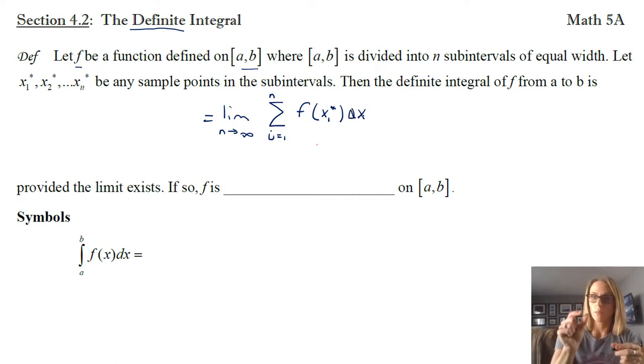So this is just the addition of an infinite number of rectangles underneath the curve. The way that is defined is using this notation, which is what is brand new.